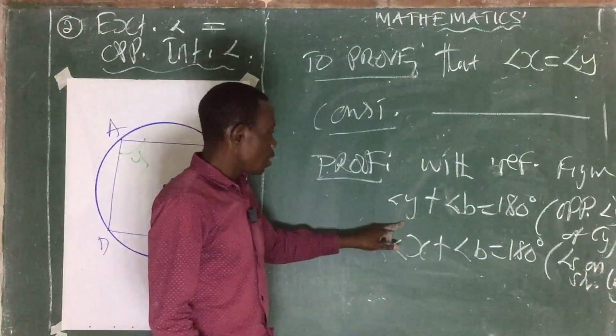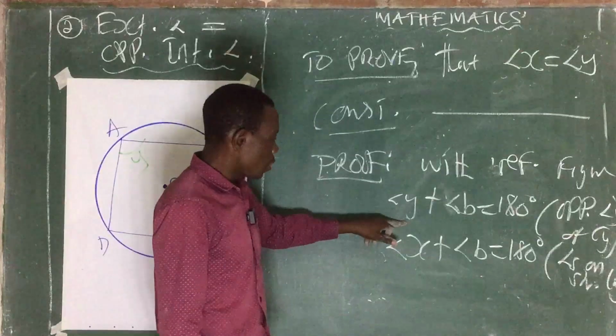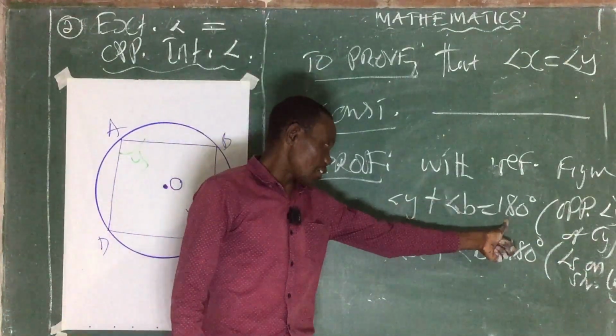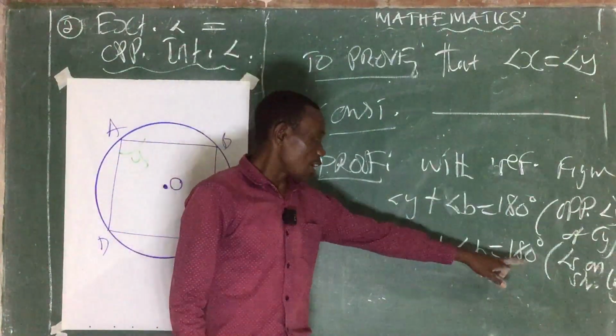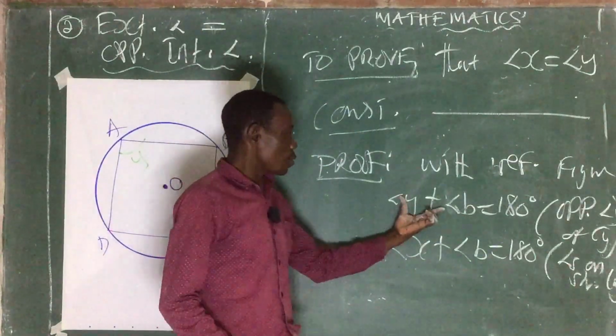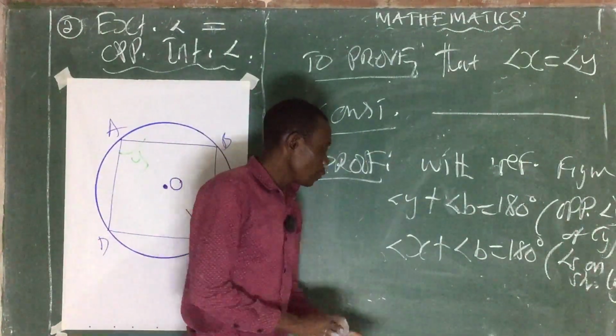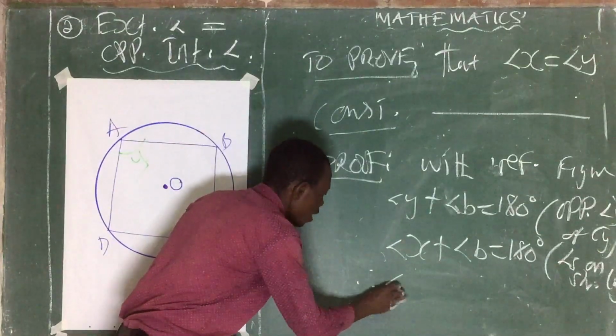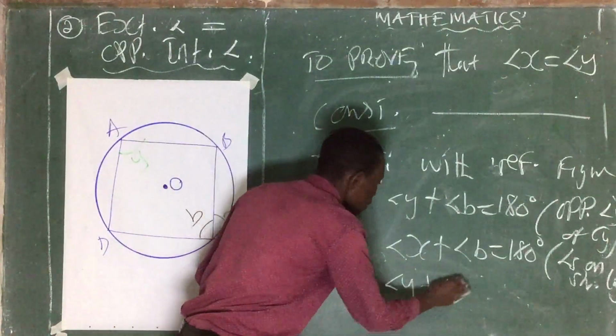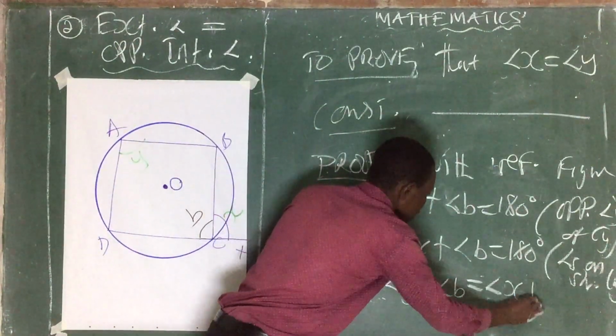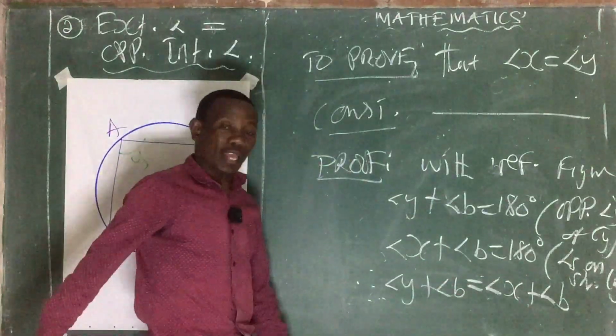The sum of Y and B gives us 180, and the sum of X and B is 180. Then definitely we expect that this one is equal to this one. So we conclude that angle Y plus angle B is equal to angle X plus angle B.